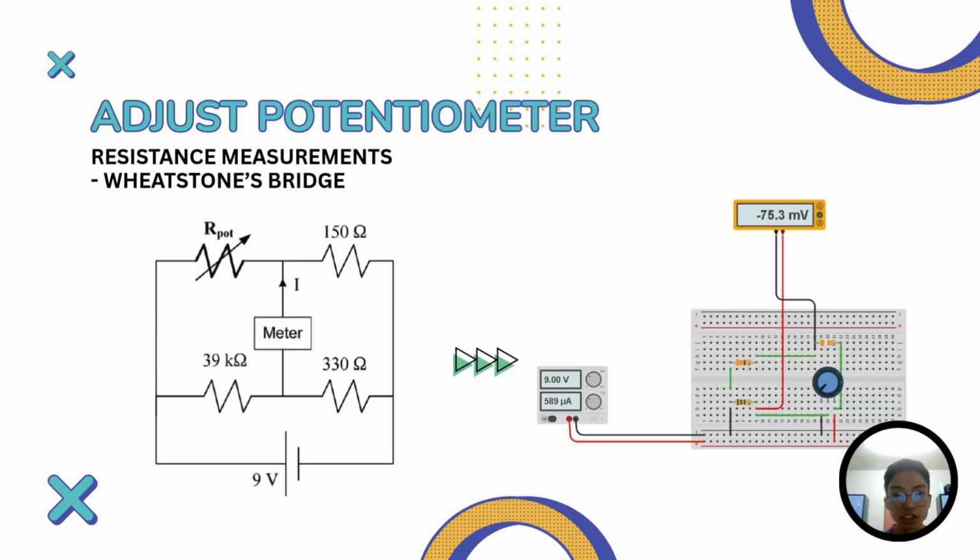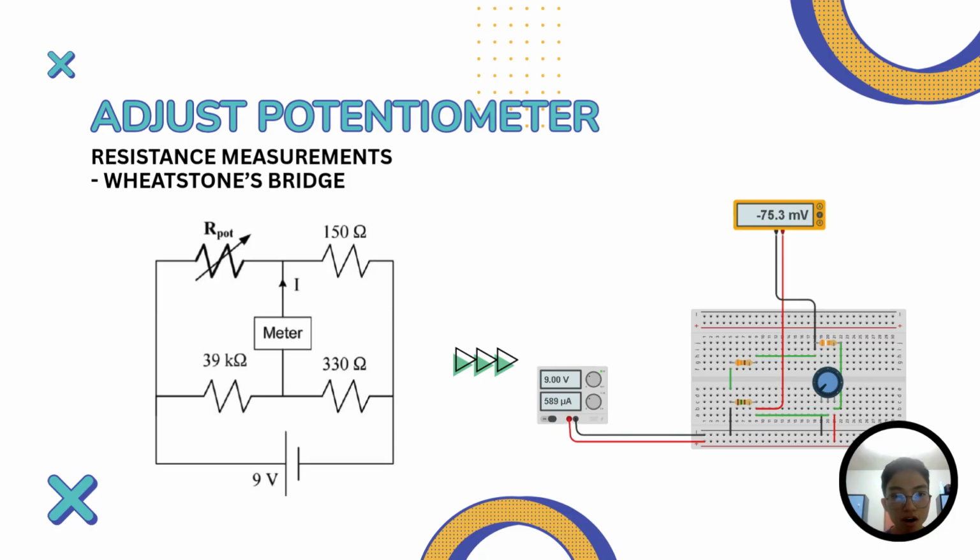The breadboard is connected with our circuit with the supply of 9 volts, and then the value of the voltmeter is first measured when connected between R1 and R3 and between R2 and R4.